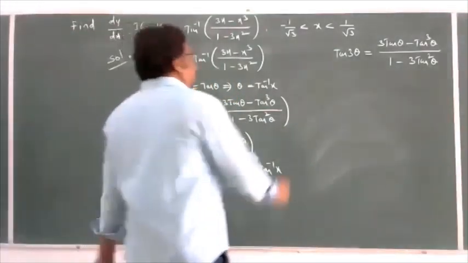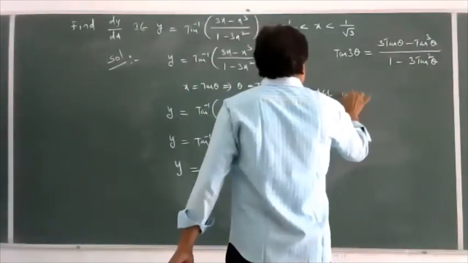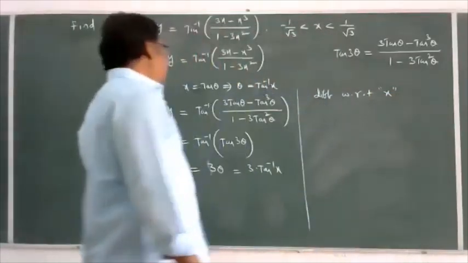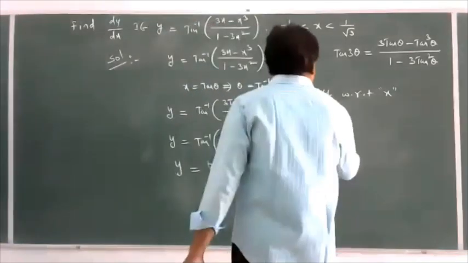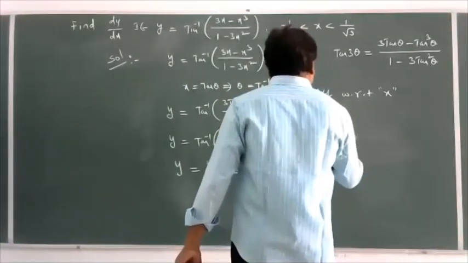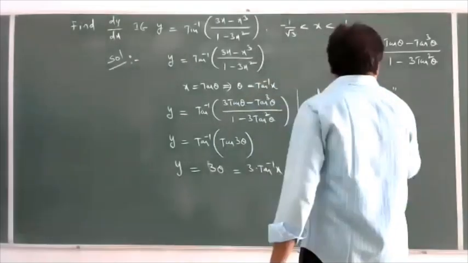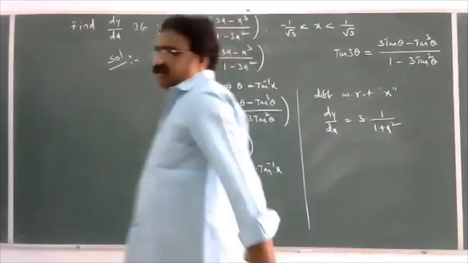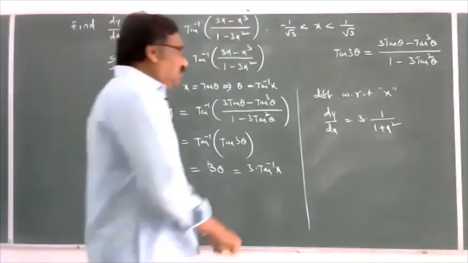Then differentiate with respect to x. dy by dx is equal to 3, a constant, into the derivative of tan inverse x, which is 1 by 1 plus x square.